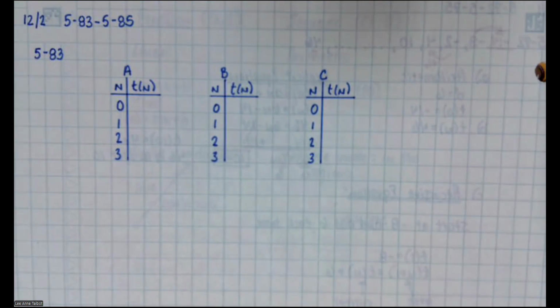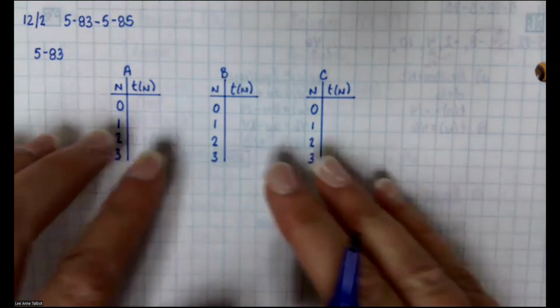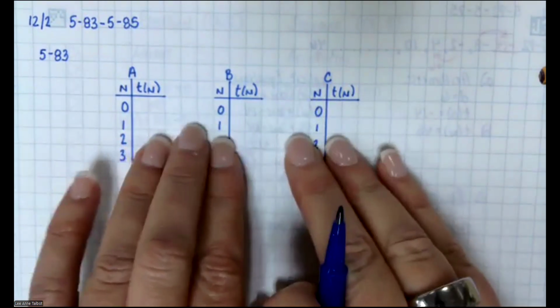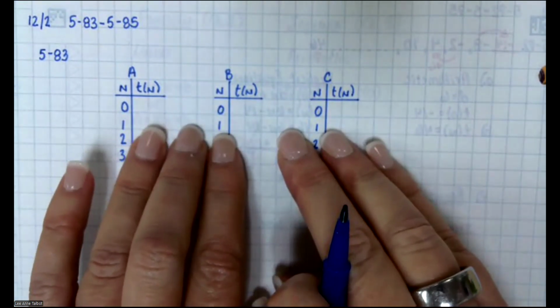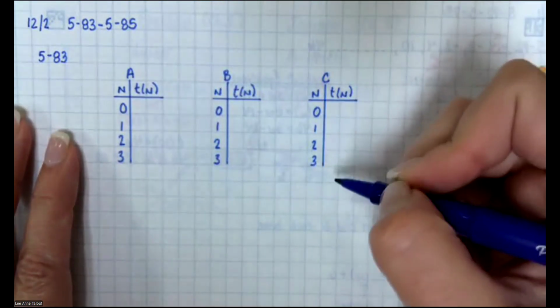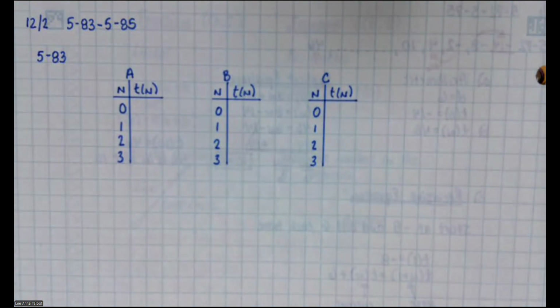Okay, now I want you to not write anything in the 0 spots right now. I'm going to put the ebook up, and I just want you to put the 1, 2, and 3 numbers in for the moment, please.